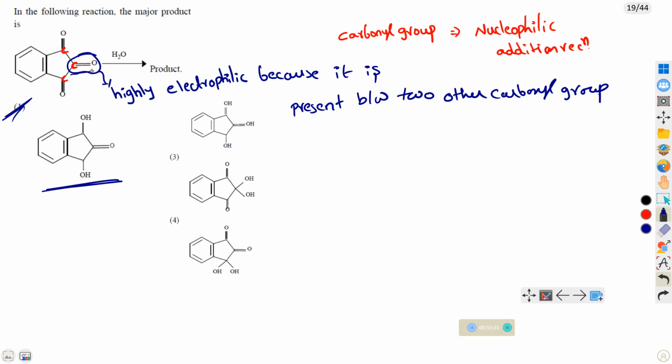That's the reason the reaction does not take place at the other positions. Now H2O dissociates into H plus and OH minus. Break the bond: oxygen negative, carbon positive. So what is formed? C(OH)(OH).